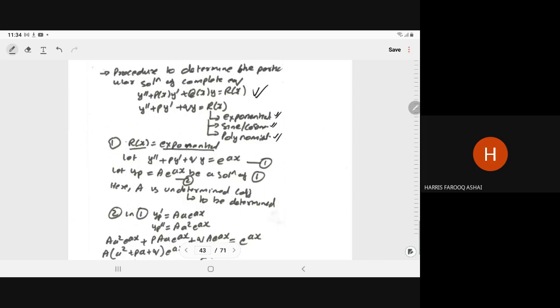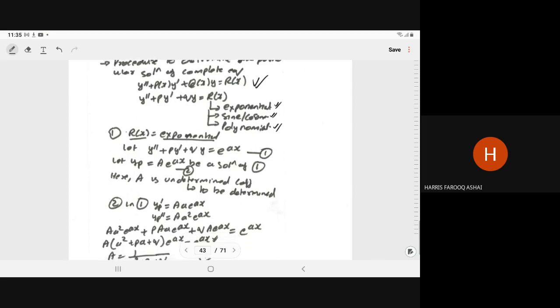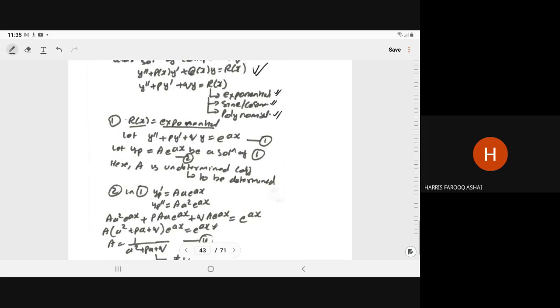If rx is of these three types, then we can use undetermined coefficients. It can be anything else also, for example tan x, cosec x, sec x. But if we have only these three functions, then we can use undetermined coefficients. So we will study all three functions one by one. So the first one is when rx is exponential.